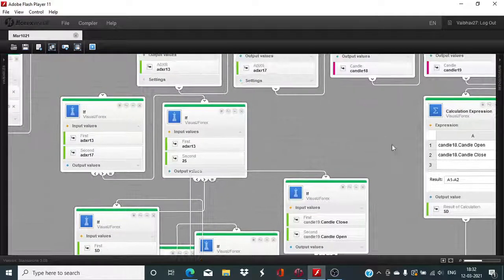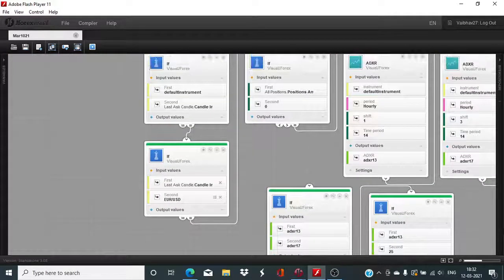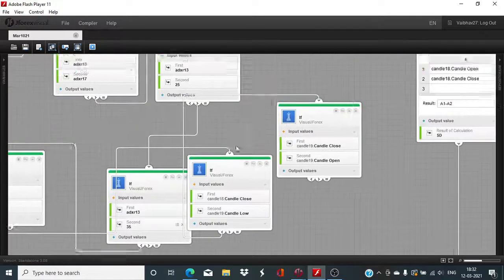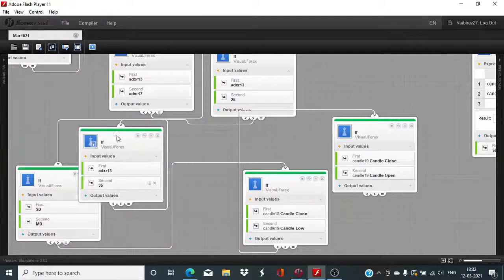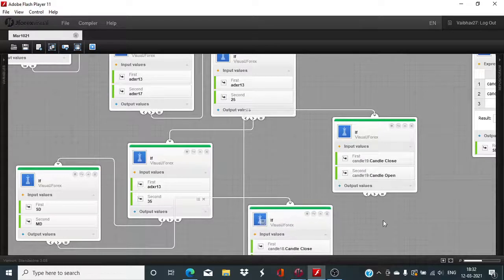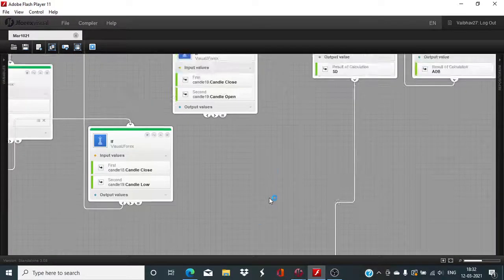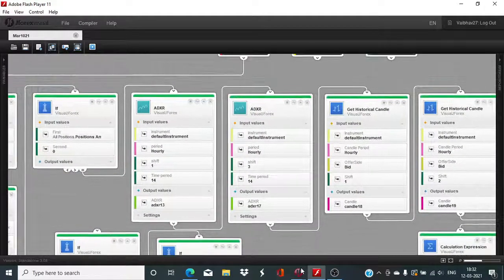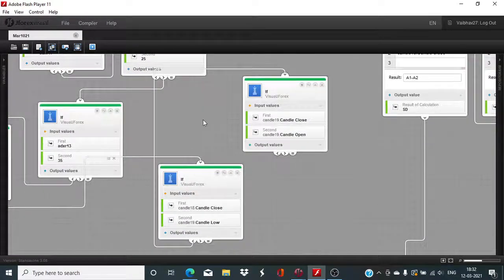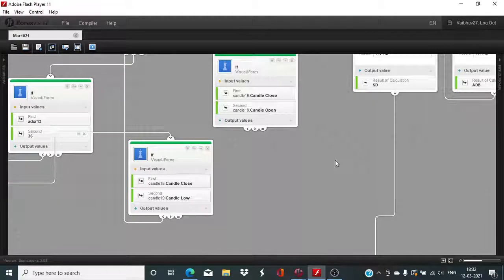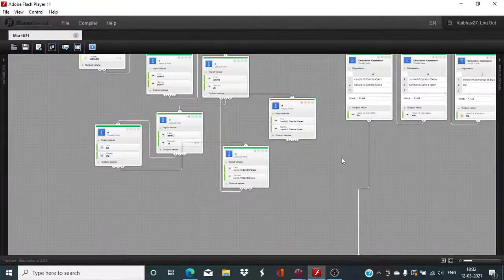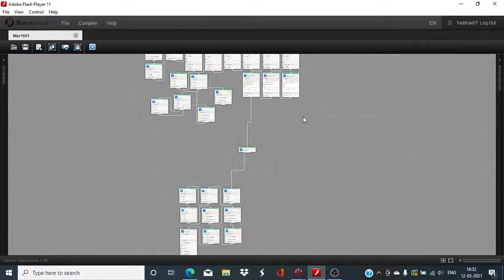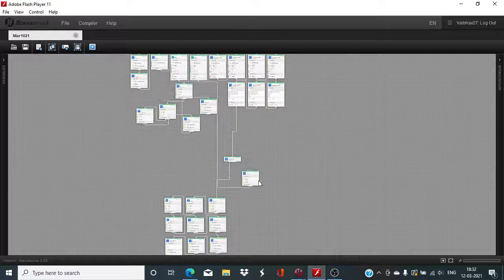Okay, so far this looks all fine. Alright, so here we take these blocks to where they belong, that is on the lower side.